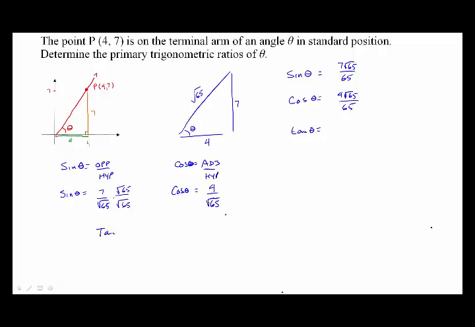And lastly, tan theta is opposite over adjacent, TOA, right, which is going to be 7 over 4. Easy enough? All right, should be nothing really that you haven't seen. You really have done nothing at this point that isn't review.